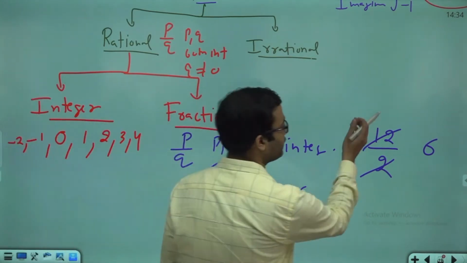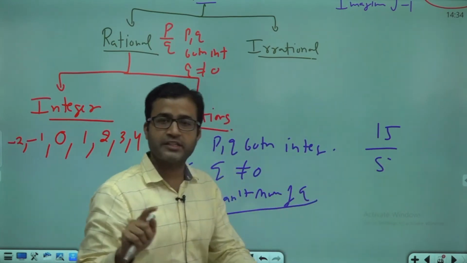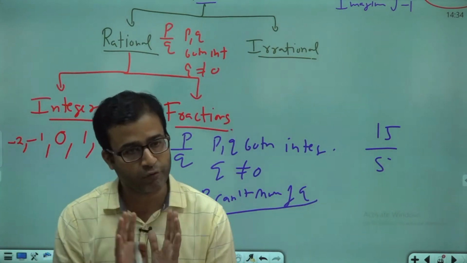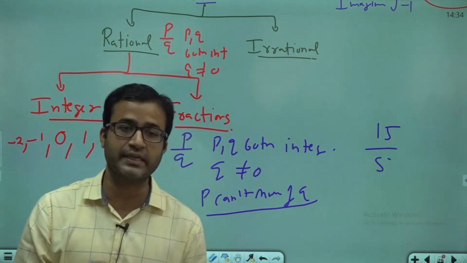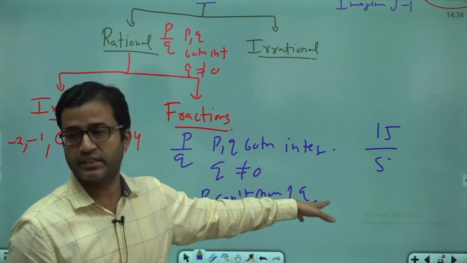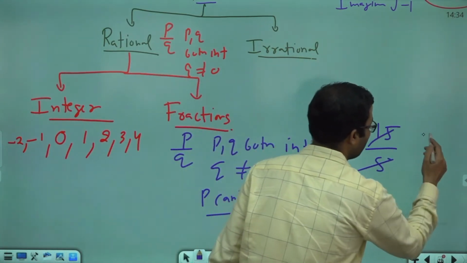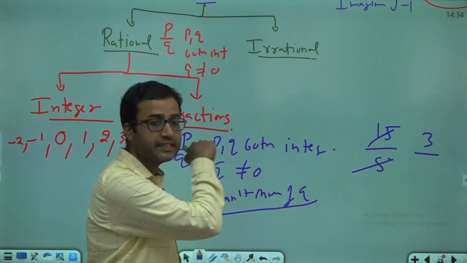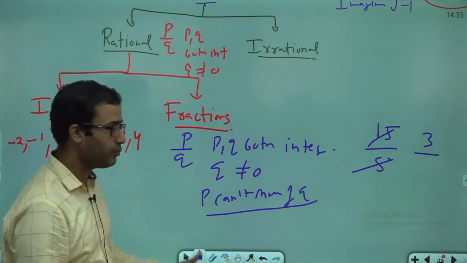If P is a multiple of Q, it means you can simplify it. Like 15 divided by 5. On its face, it seems a fraction, it looks like a fraction, and we write it also. But if you ask me concept-wise, I cannot say it is a fraction, because when we simplify it, it becomes 3, and 3 is an integer rather than a fraction. So we have one extra point you can write.